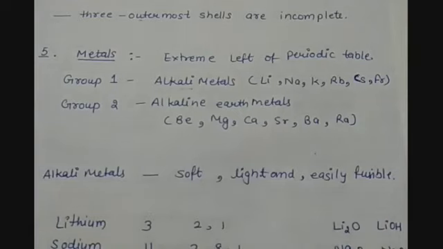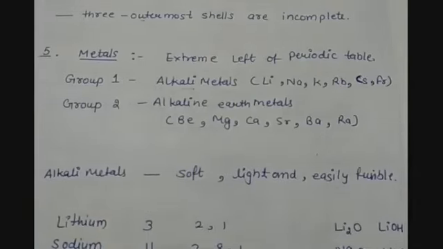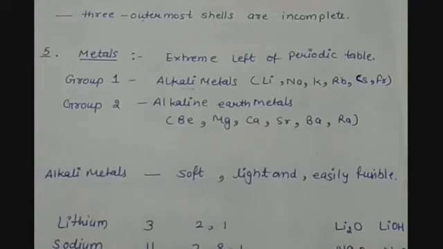Easily fusible means they are very much reactive. They even react with the atmospheric air. And that is why most of these elements are kept under kerosene so that an intermediate layer can be formed, as a prevention method so that they do not react with the atmosphere.